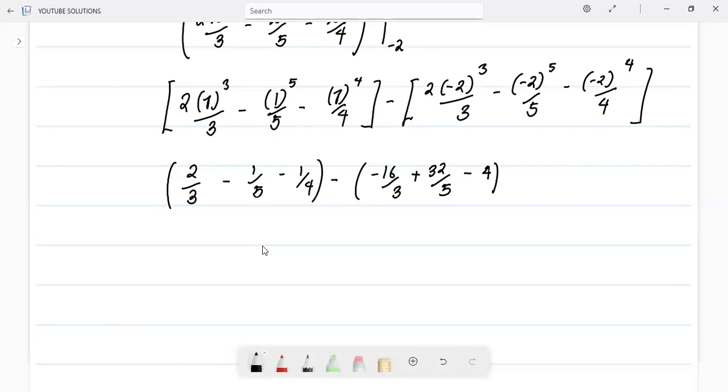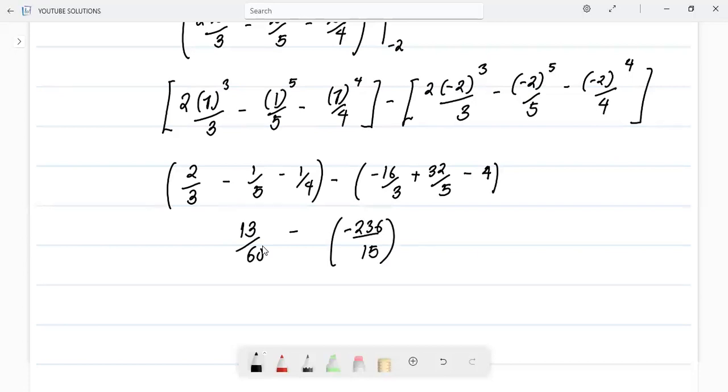This gives me 13 over 60, minus negative 16 over 3, plus the 32 over 5 and then minus 4. This gives me negative 236 over 15.